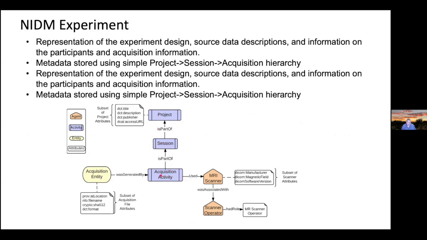You have an acquisition activity, and so, for example, the acquisition activity is linked to the MRI scanner, and that has a subset of scanner attributes, and the acquisition entity, that is the scan itself, has a bunch of information, for example, the file name and a bunch of other attributes. And things like project also have attributes as well. So for a project, you might have title, the description, things like that. So again, it's logically laid out.